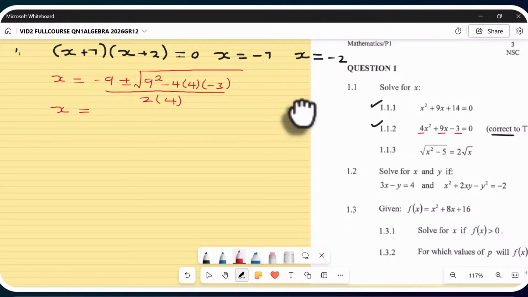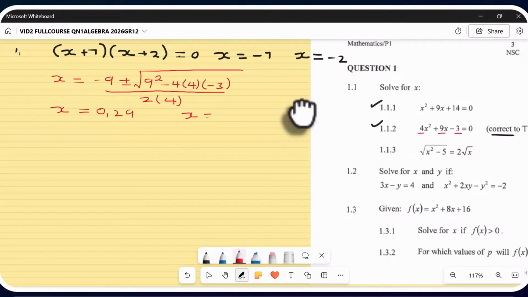Then if I use a minus, I am getting negative 2.54. Okay, all right. Then next question here.